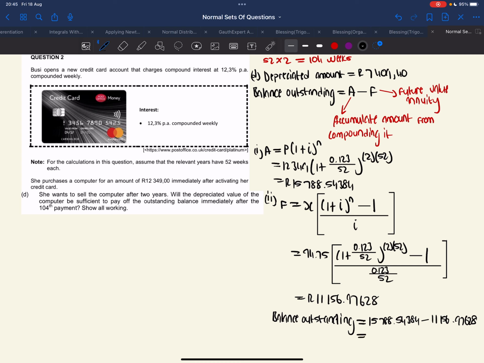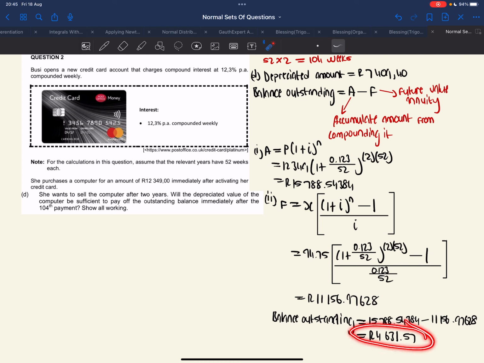Then we're gonna get an answer at the end, and rounding off to two decimal places, you should get 4631.57.